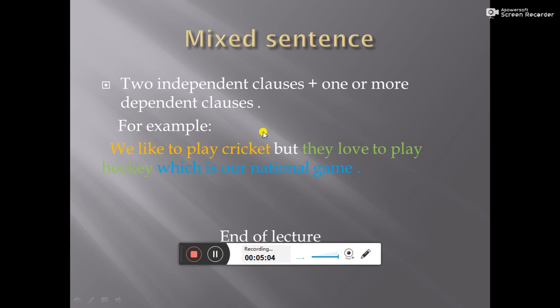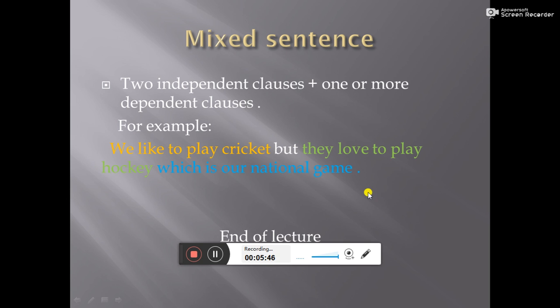If we compare this whole sentence with the previous types, in the first type only this one was included. In the second one, only these two were included, means only independent clauses. In the third one, only one independent plus one dependent. But here in the mixed sentence, the length of the sentence has also been increased.